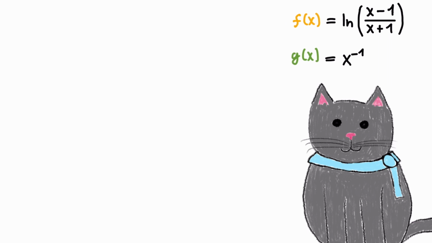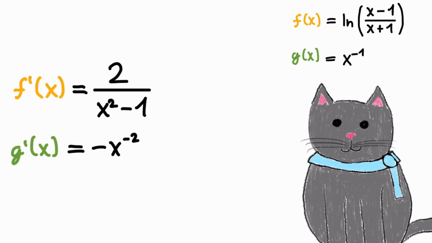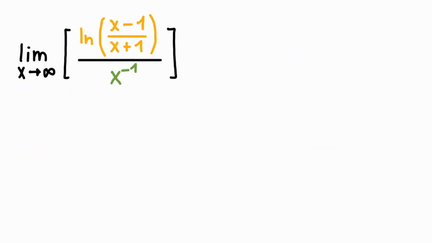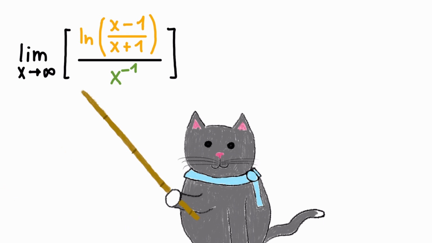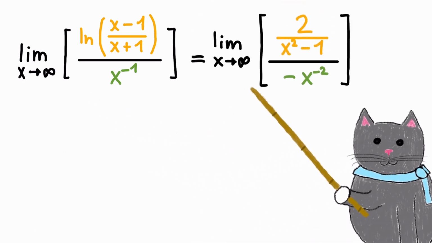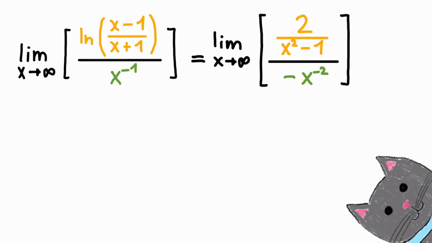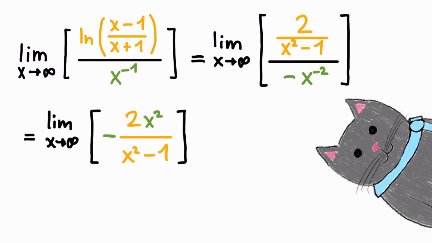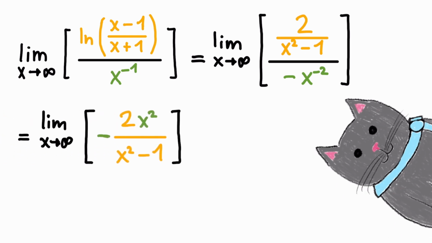We now have found the derivatives of these two functions, which enables us to apply L'Hopital's rule to the limit we want to solve. According to L'Hopital's rule, our initial limit is equal to the limit of 2 by (x squared minus 1) by minus x to the minus 2 as x approaches infinity. This double fraction can be rewritten as the limit as x approaches infinity of minus 2x squared divided by (x squared minus 1).